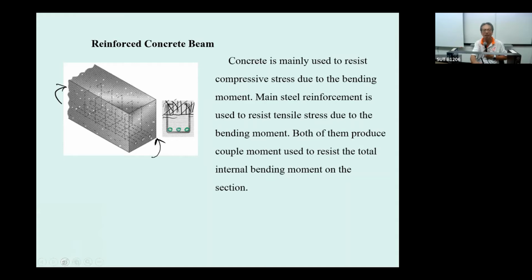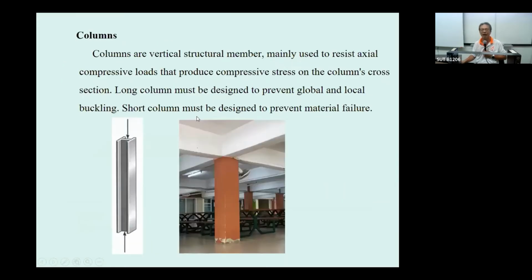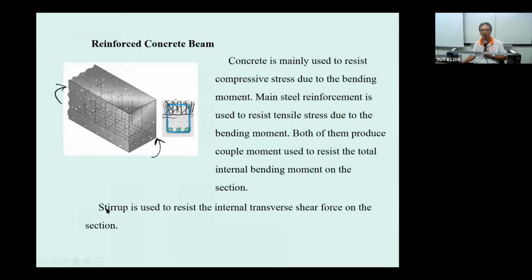Of the tension. And then the stirrup, most of the time we use a closed loop like this, to take care of the shear force. Stirrup is for the internal transverse shear force.